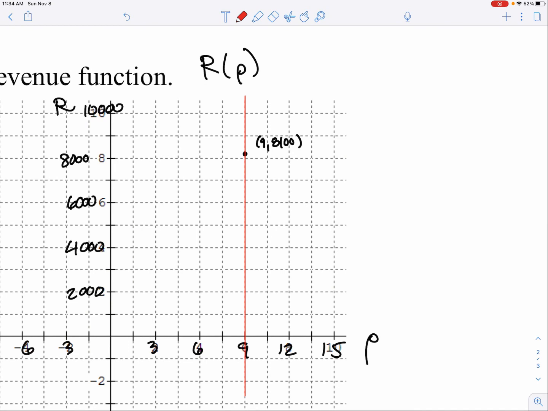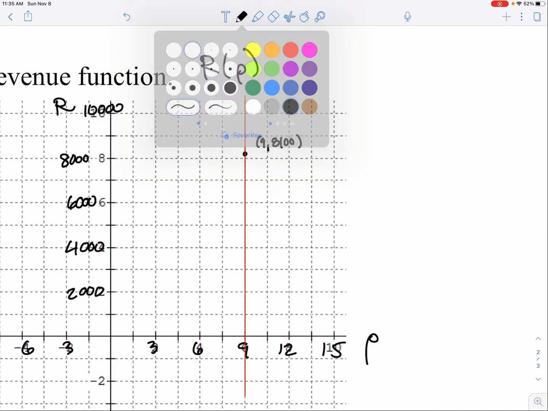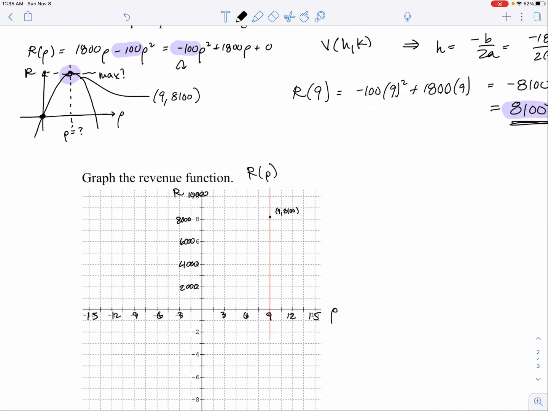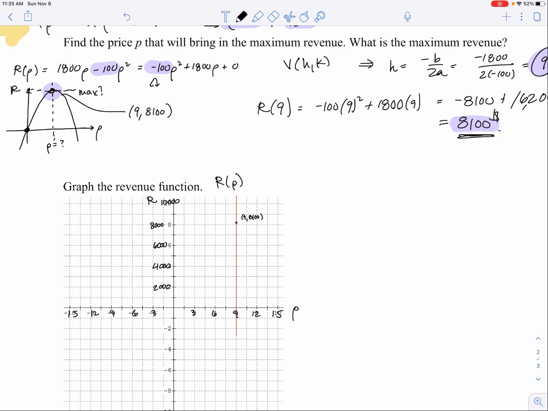Perfect. Okay. Now, what else do we know? Well, if we look at this function, our revenue function as a function of rho was negative 100 rho squared plus 1800 rho.